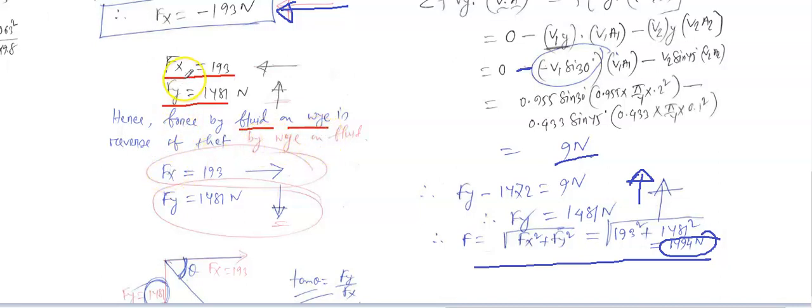That means if you can remember the previous problem, what is said according to Newton's third law of motion, every action has an equal and opposite reaction. See, we got this Fx equal this, so we will have a similar, equal Fx along this axis, and similarly for Fy along this axis.